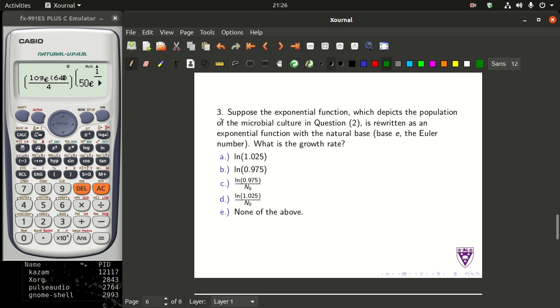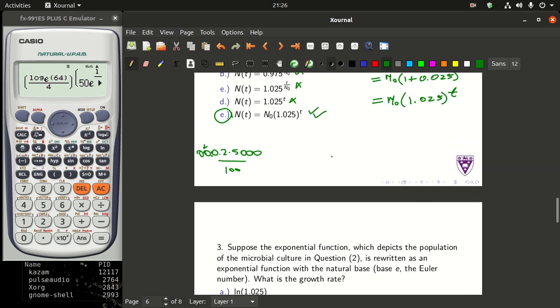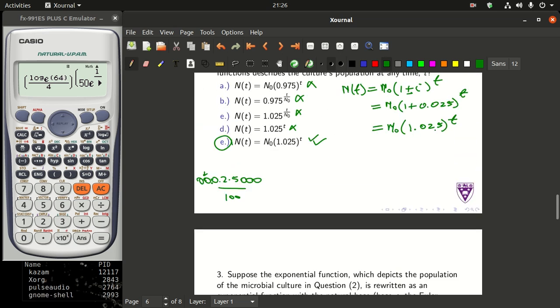This question is saying, suppose the exponential function we take with the population of microbiology is written as an exponential function with the natural base e, the Euler number. What will be the growth rate? If we want to rewrite it in exponential form, it would be N naught, but with base e.